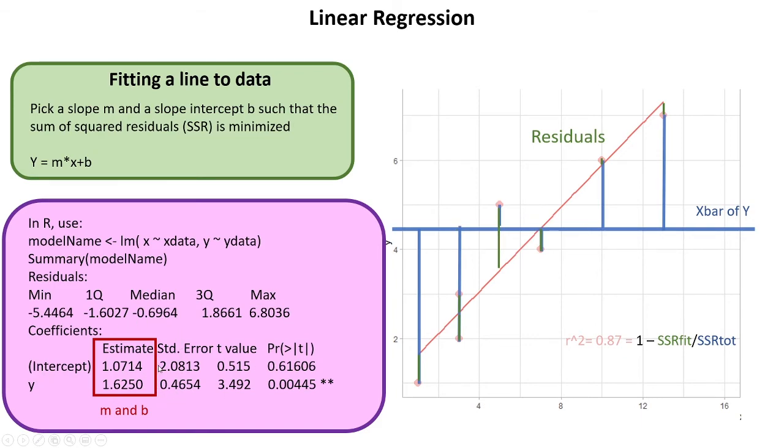The other thing you have here is a description of the residuals. It's not the squared residuals, it's the median of the residuals, but it gives you an idea as to how far your points are away from your line. And so together, these things describe the line that R is outputting.